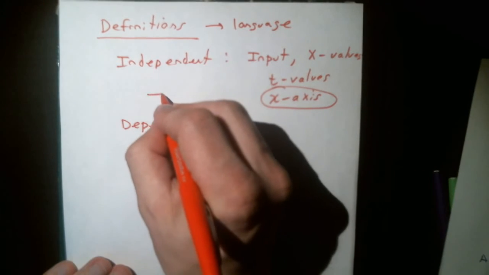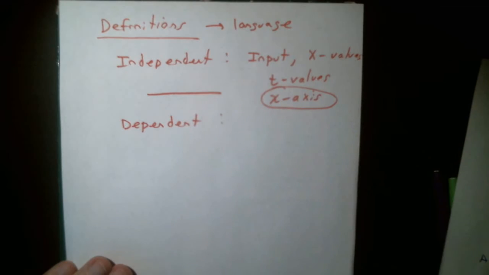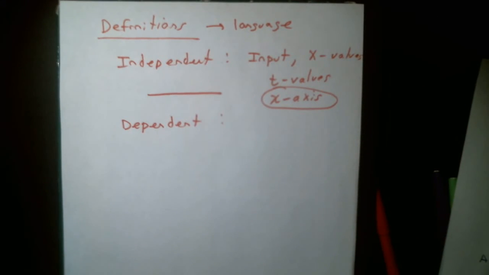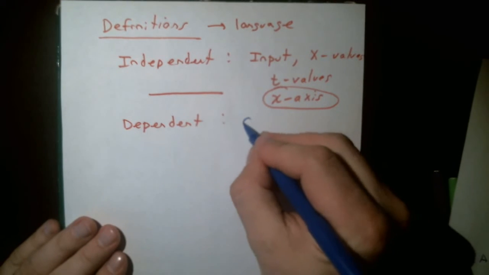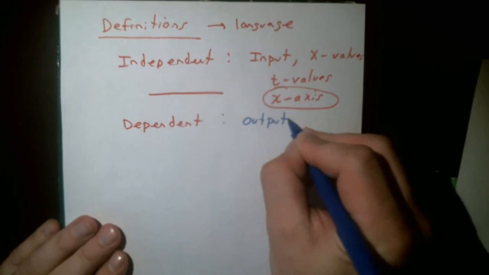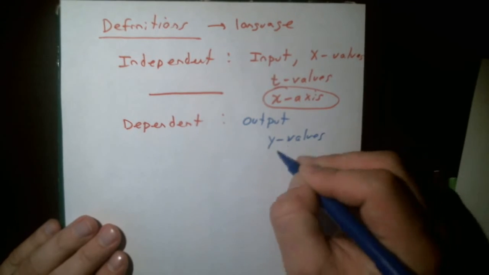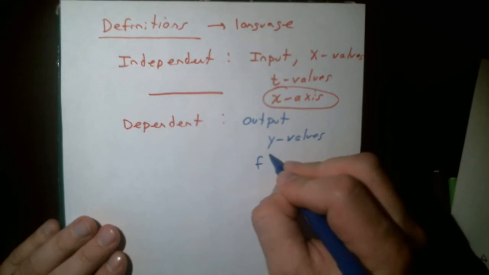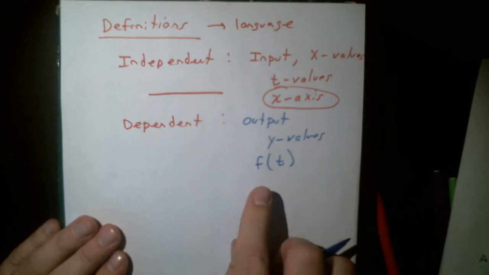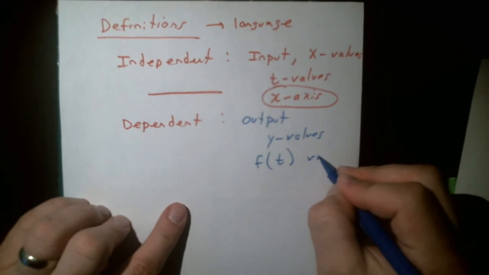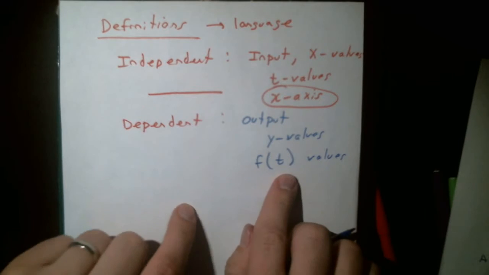It's this line right there, that horizontal line. So now, what is dependent? Well, dependent is what we call the output, which is your y values. Or you can think of, remember this guy right here? This is f of t.